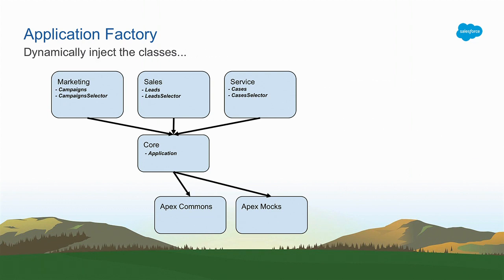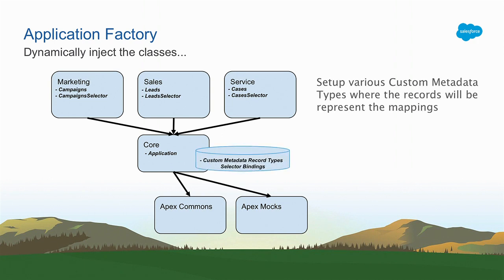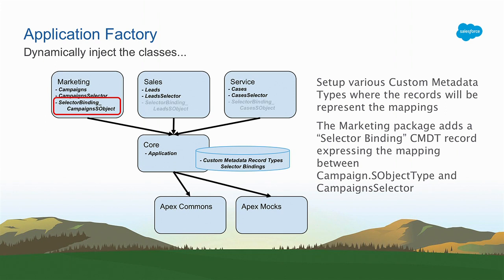The way to do this is to dynamically inject the classes that you're looking for. First of all, we set up a custom metadata record type in the core package. Actually there are several of them, and they're responsible for maintaining the mappings that you previously saw in the old version. So the marketing package on the left adds a custom metadata type record.